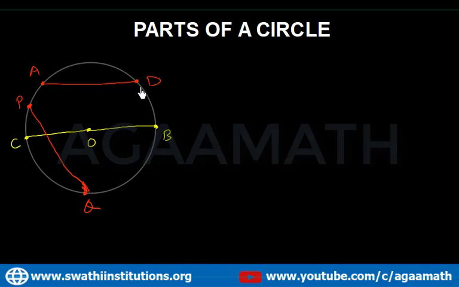Then what are PQ and AD called? Segment AD and segment PQ are called chords.